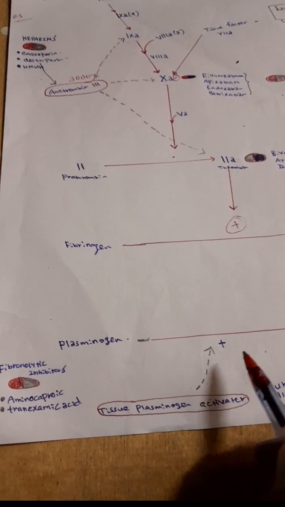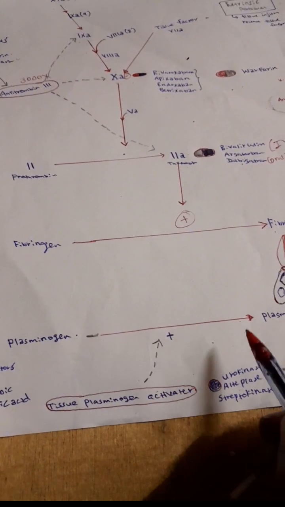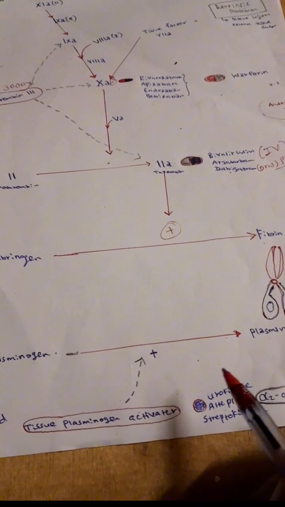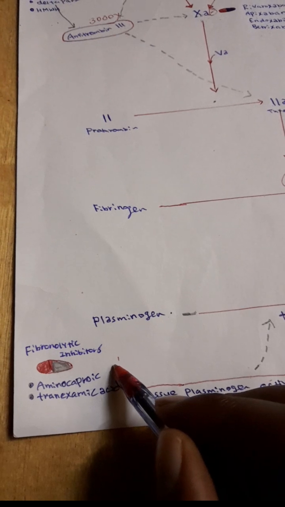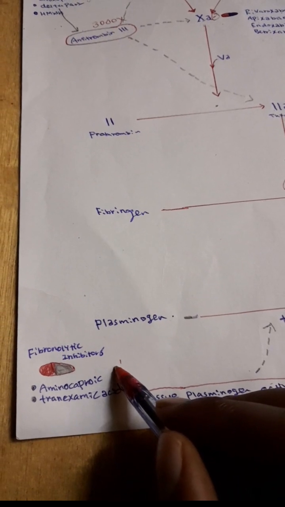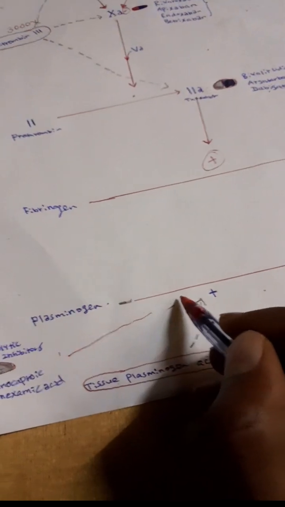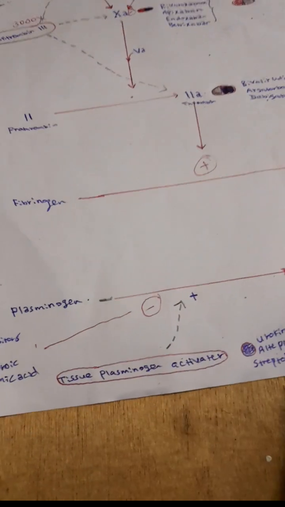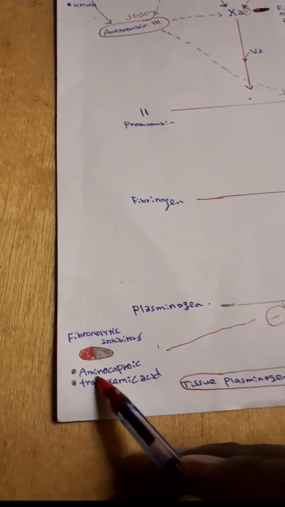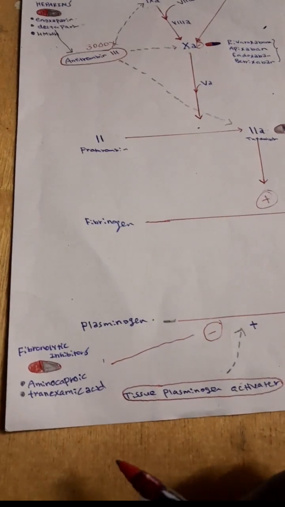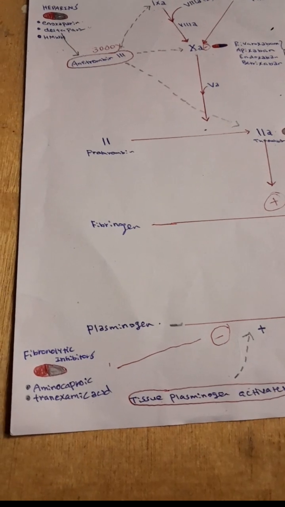By blocking the conversion of plasminogen to plasmin, they reduce the clot-cutting action of plasmin. So they inhibit this pathway, and finally it increases the formation of clots. Aminocaproic acid and tranexamic acid are used for the treatment of hemophilia.